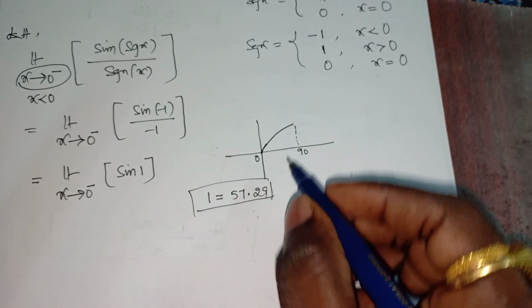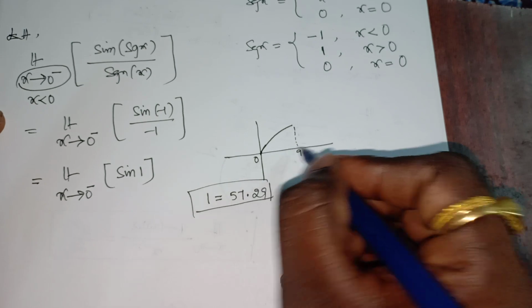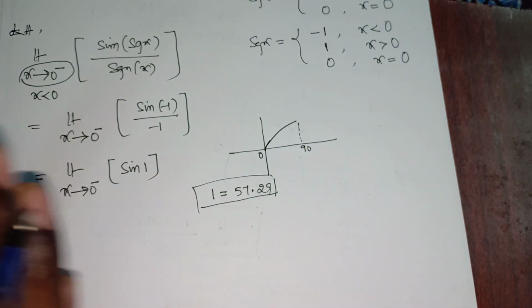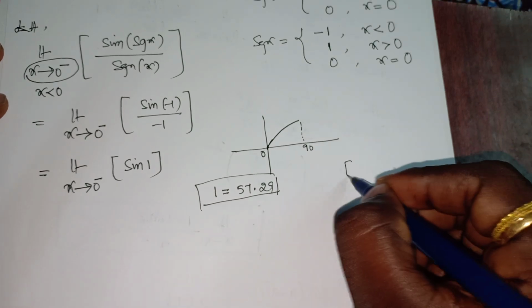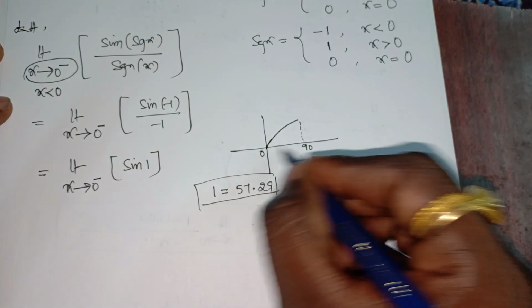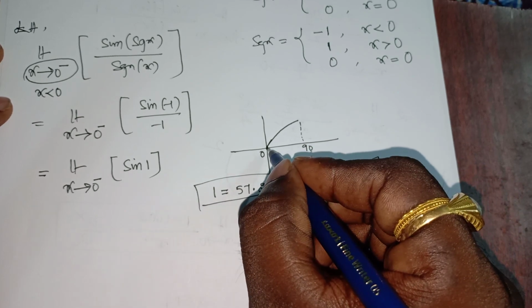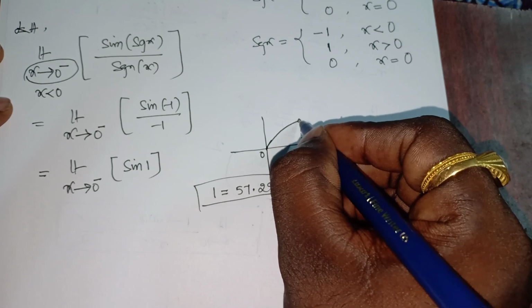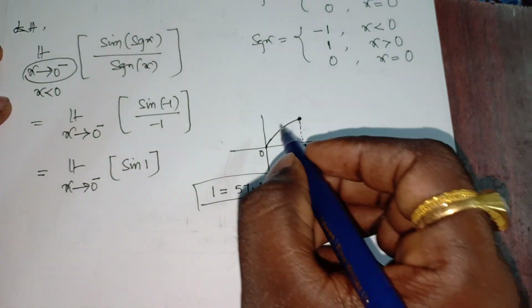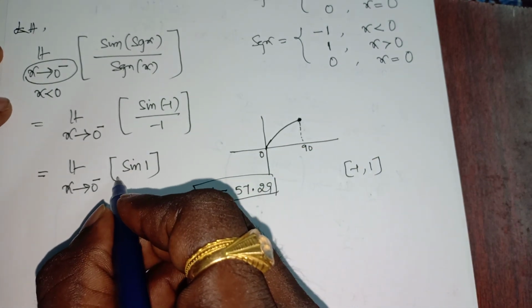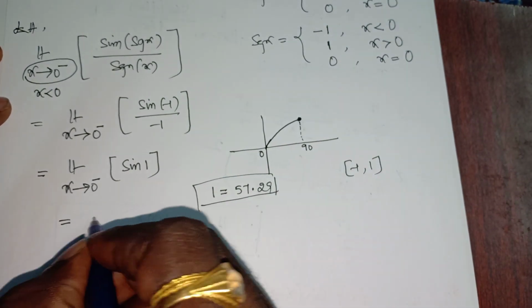Now in between 0 to 90, the sine value is between 0 and 1. What is the range of sine? It is minus 1 to 1. So in between 0 to 90, sine increases from 0 to 1. If it is 90, then it is 1. If it is in between 0 and 90, that is a fraction value. That's why the integral part of sine 1 is equal to 0.